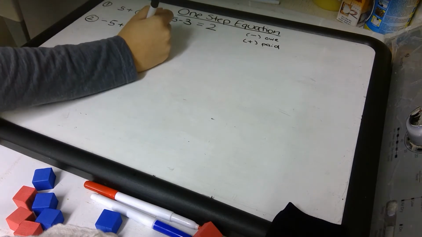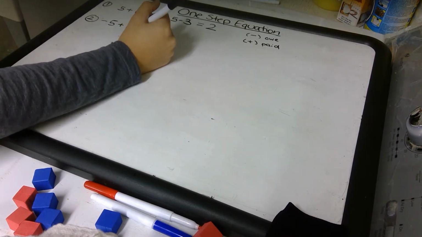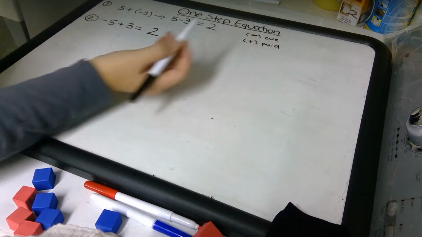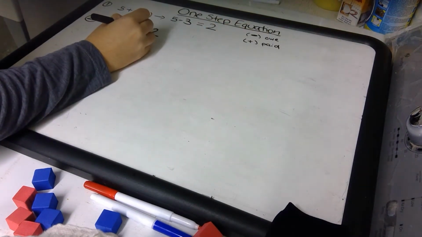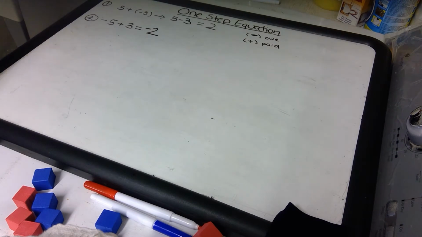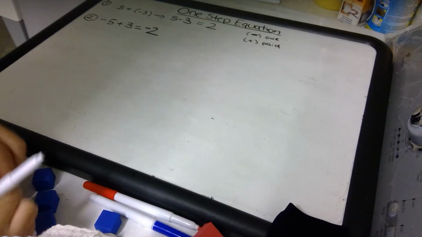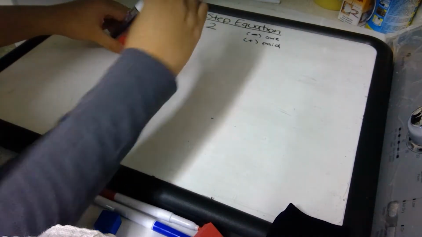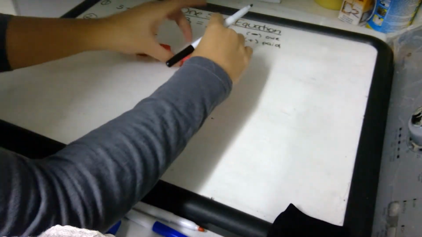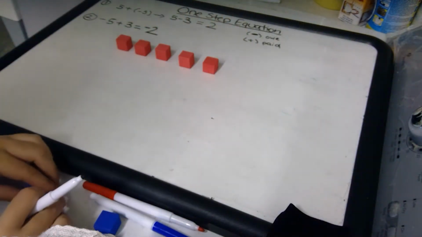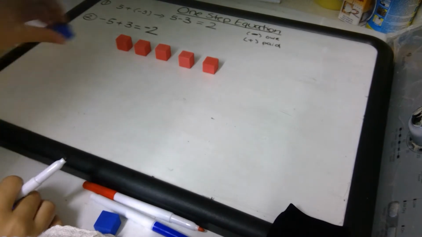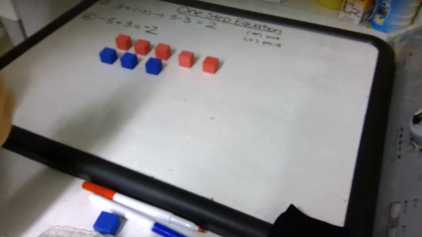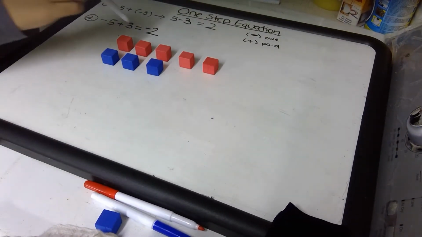But we need to show that we owe Louis $2. And to show that we owe him $2, we need to write the minus sign. In this case, we put minus here. Or if you guys want to see the cubes, use the cubes. Remember the red ones mean minus. We got 5 red cubes. And we're adding to those red cubes 3. So how many groups do we have?